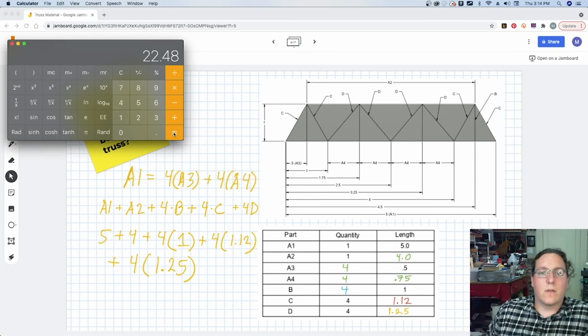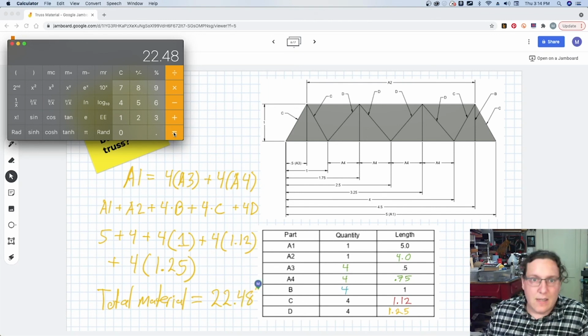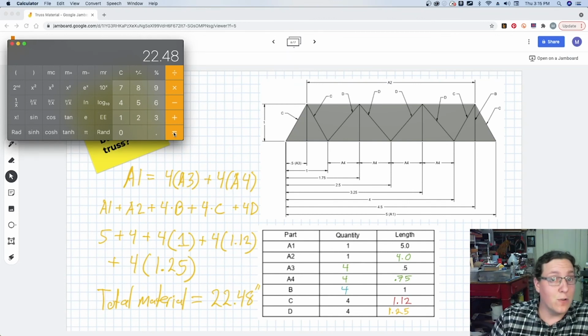So, piecing it together, we should be able to recognize that we need to have a total material of 22.48 inches. Now, keep in mind there could be a couple of rounding errors in there, and if we're actually cutting this out of real wood, real materials, we can only get it in specific lengths, ones that are provided by the store.